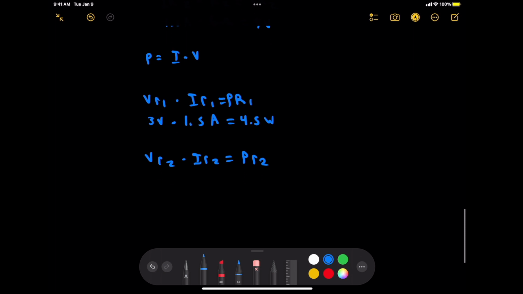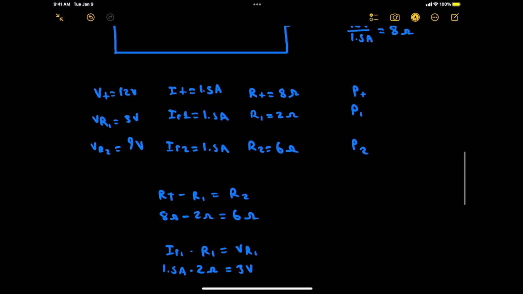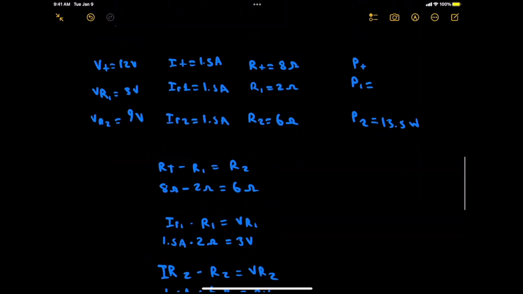And R2 is going to be 9 volts times 1.5 amps. 1.5 times 9 is equal to 13.5 watts. All right, so that's going to be our values for P1 and P2. 4.5 watts and 13.5 watts.